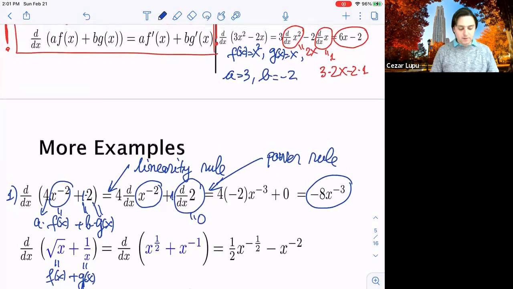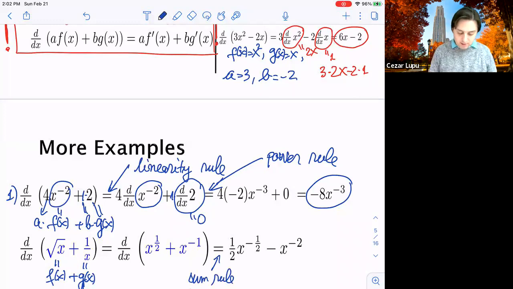And now we would like to apply the sum rule. And guess what? Well, we can write both of them as powers, right? The square root of x can be written as x to the power 1/2 plus, well, we don't need to apply the sum rule yet, right? But now here, we can apply the sum rule.